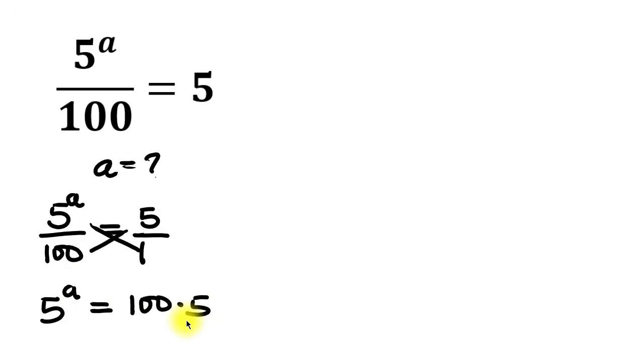Very good. Now notice something. We can break this 100 down. So we have 5 to the power of a on the left hand side to be equal to 100, which is the same as 4 times 25, right? Good. And then we have times 5.